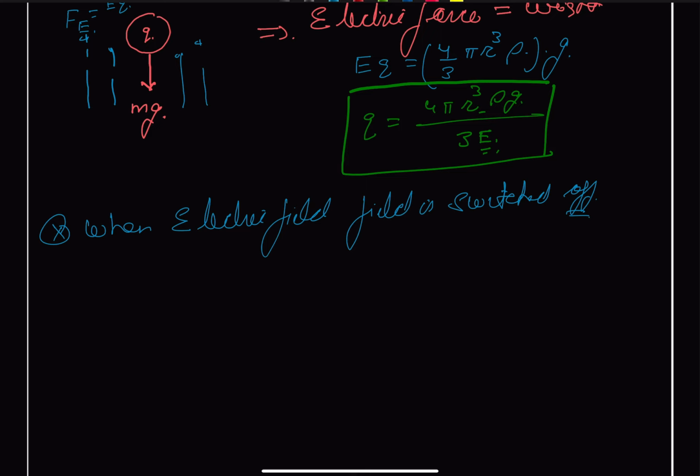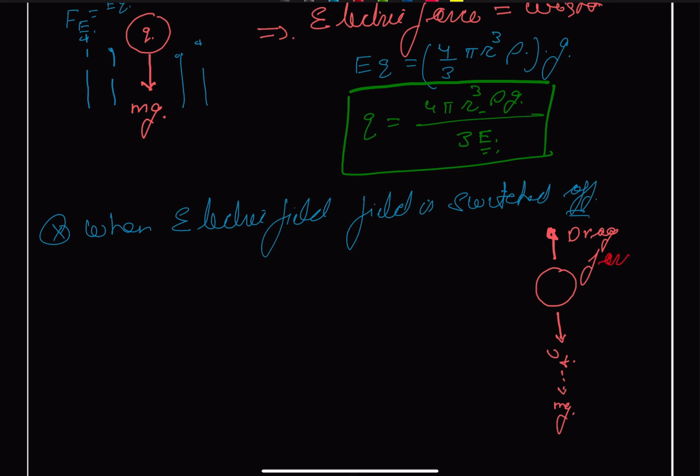In that case, it is said that this drop is moving in the downward direction with a terminal velocity, let us suppose this is our Vt. In the downward direction obviously there will be mg, and in the upward direction there will be a drag force, sometimes also called a viscous force.